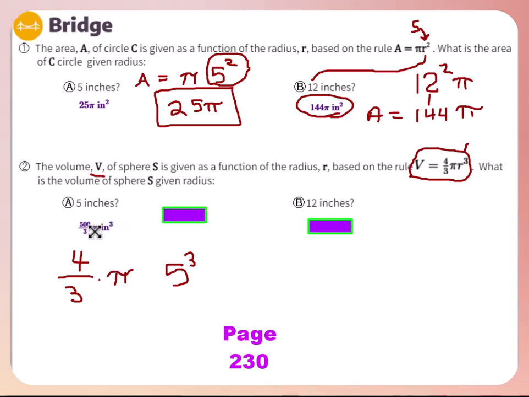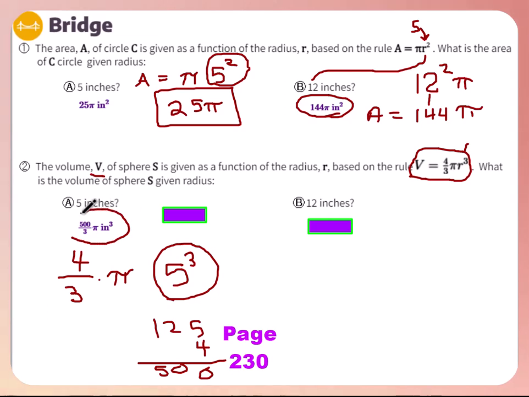So it's 500 over 3 pi inches. Okay, 5 cubed is 125. 125 times 4 is 500. That's how we get 500 over 3 pi inches cubed.